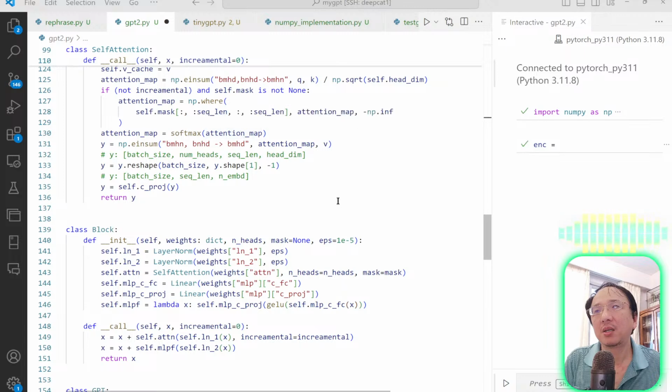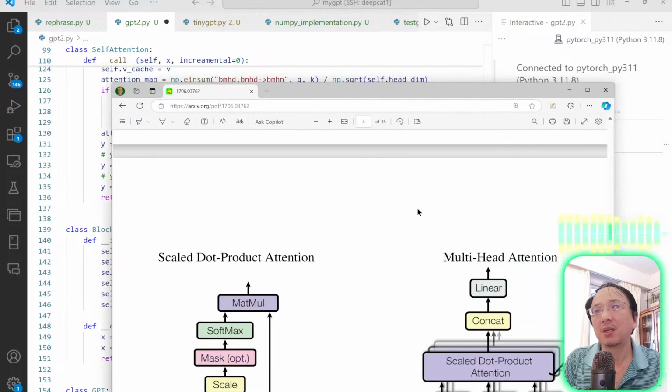And finally, we do the final reshape and do the projection to the Y. So we get the final result. You can check pretty much everything right here.